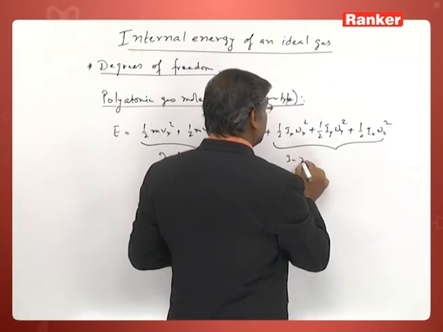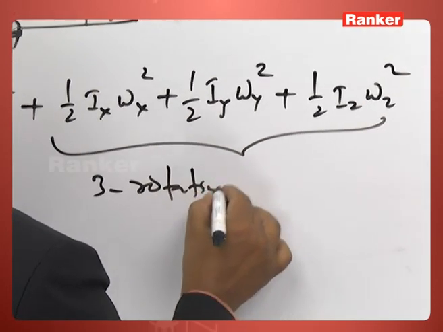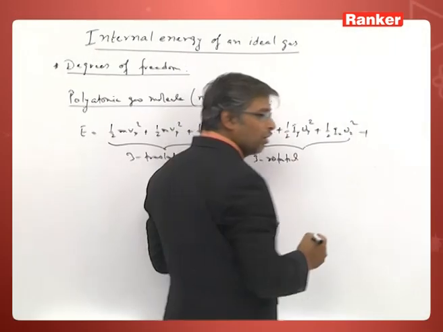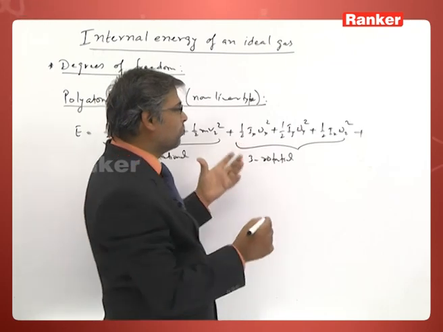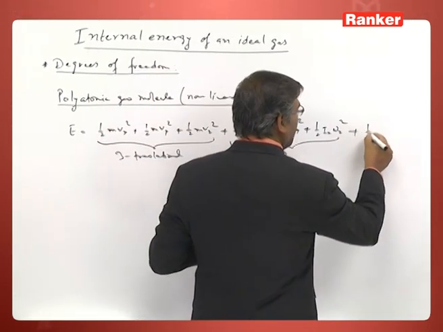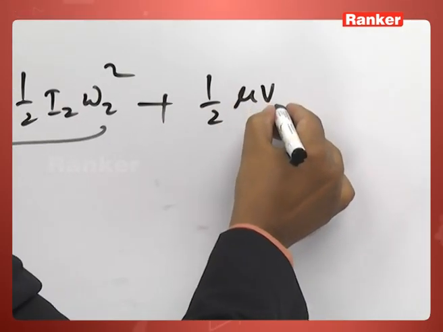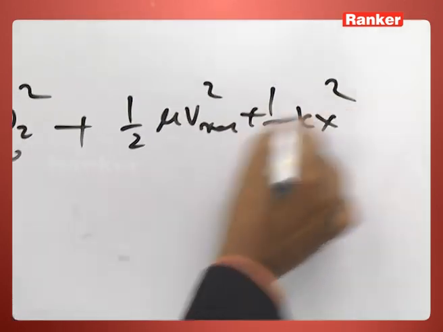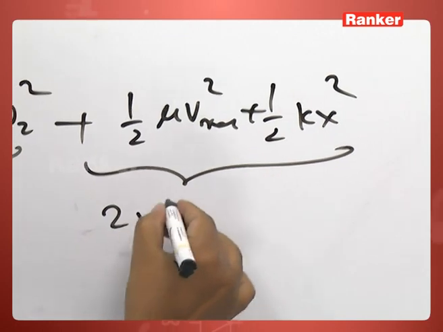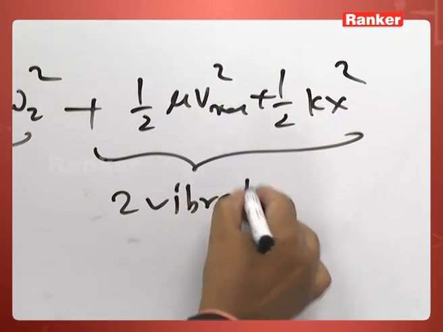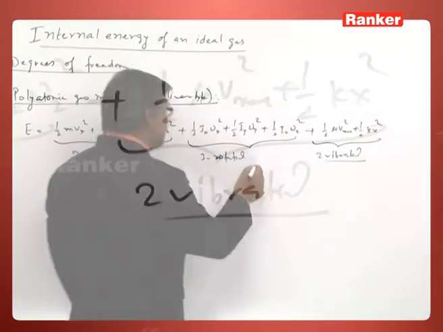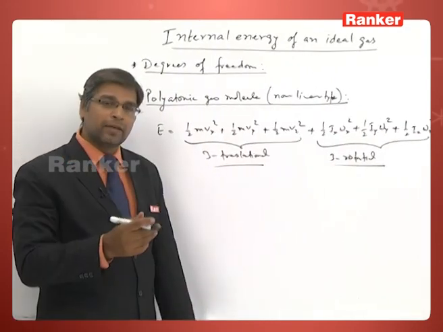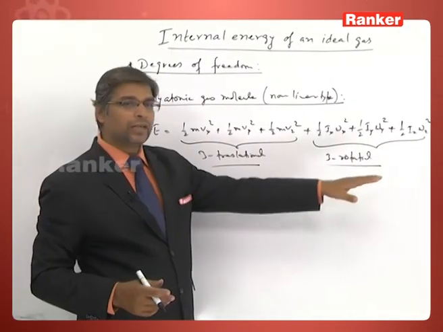So, 3 rotational, and depending on whether temperature is high or not, we will see half mu v relative square plus half k x square, 2 vibrational. We have to remember the vibrational states are excited at higher temperature, not at lower temperature.